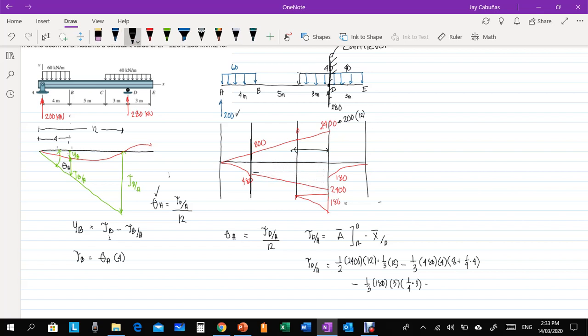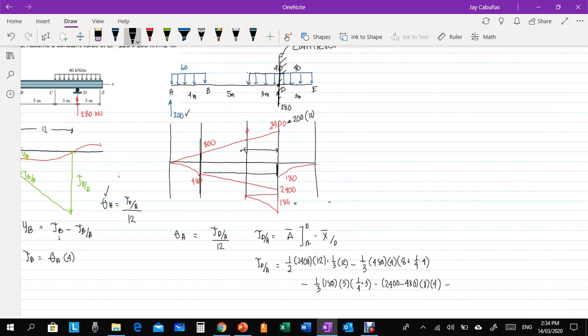So our strategy is to divide it into a rectangle and a triangle. First, the rectangle: that is just 480 times 8 times 4, because this height is 480.